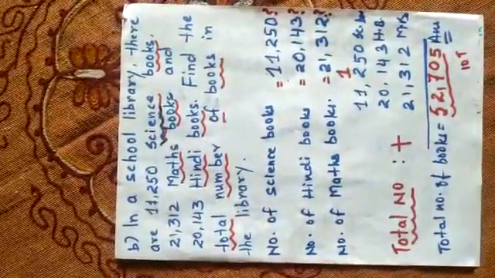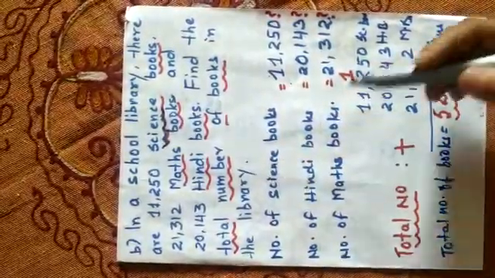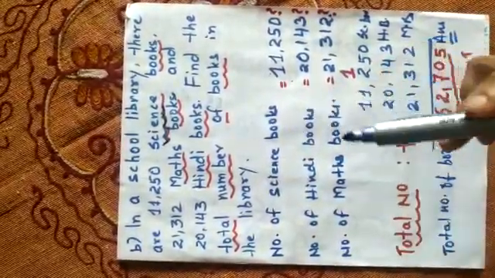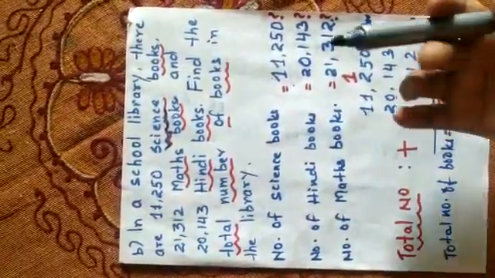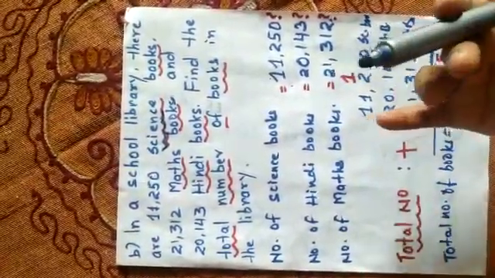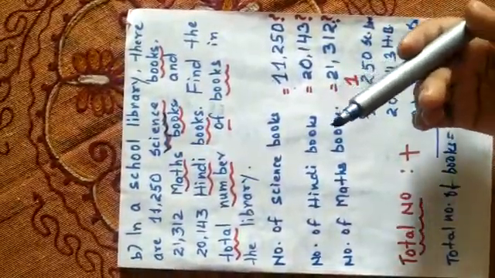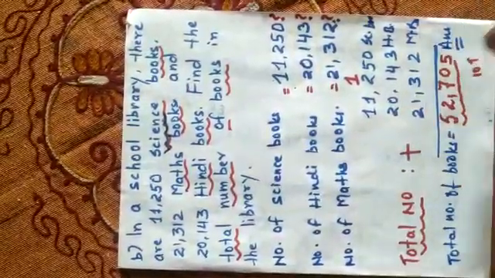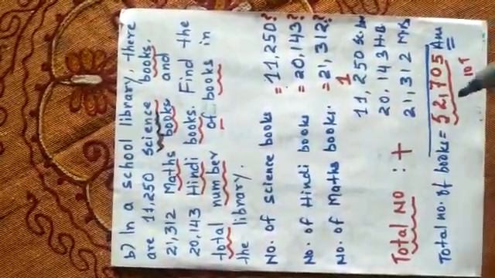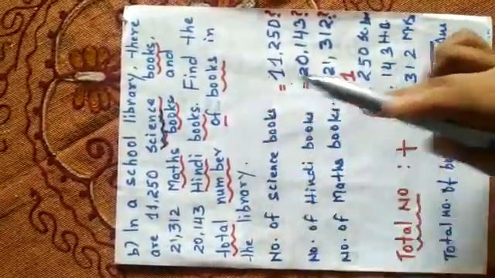In this way, we have first understood the story, and after understanding the story we get the information, then we find out what the problem is, and then we try to solve the problem and answer the question of this story.